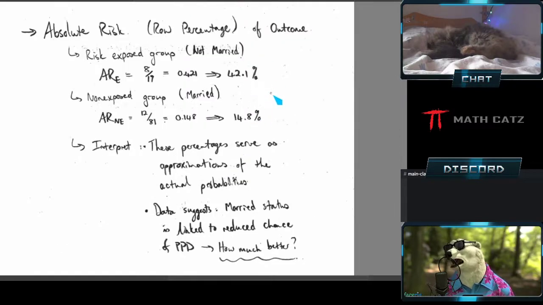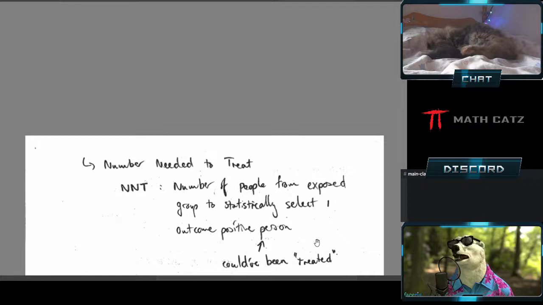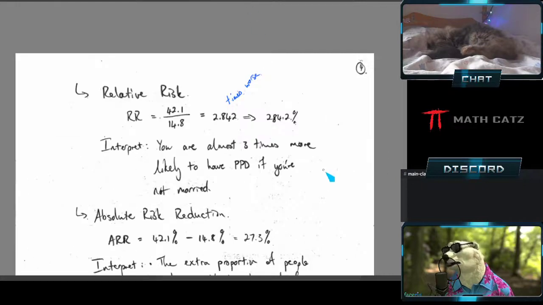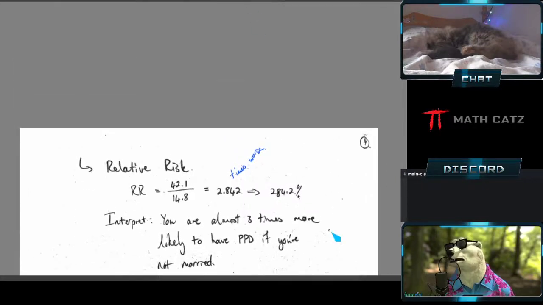You could figure it out from these percentages, absolutely. It's just another number you can present to really drive it home and say, ooh, 42% versus 14.8%, that is almost 3 times a higher chance of having postpartum depression if you're unmarried versus married.